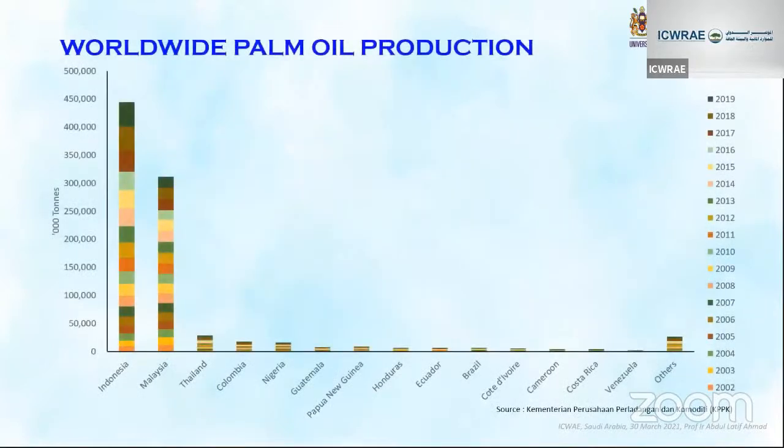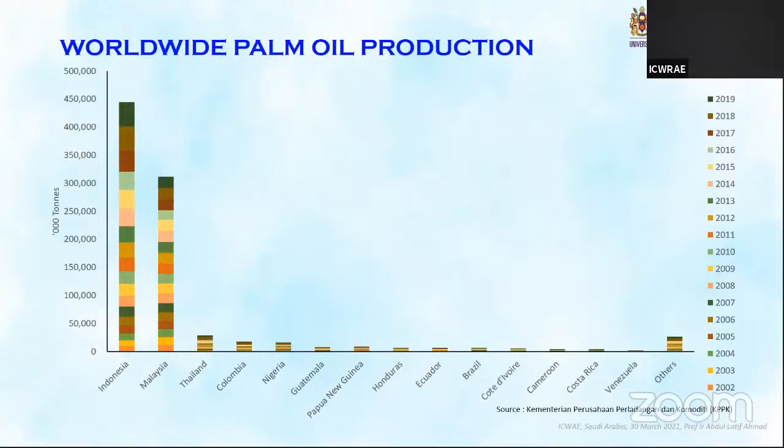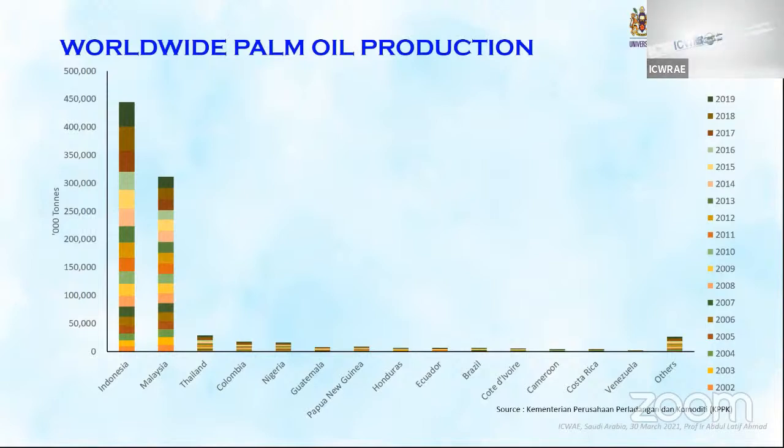Okay, I would like to introduce to you the worldwide palm oil production. If you look at the bar chart, Indonesia and Malaysia are the champions, the biggest producers of palm oil. But as far as exporting palm oil to the world, Malaysia is still the highest.